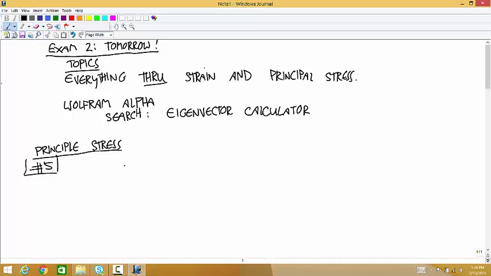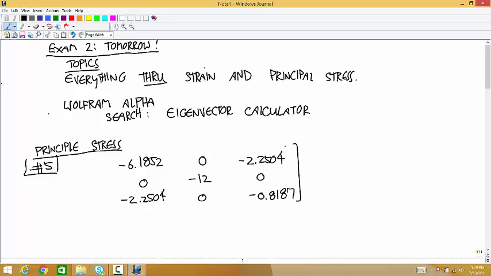Number 5, negative 6.1852, 0, negative 2.2504, and then 0, negative 12, 0, negative 2.2504, 0, negative 0.8187, and that's in megapascals.